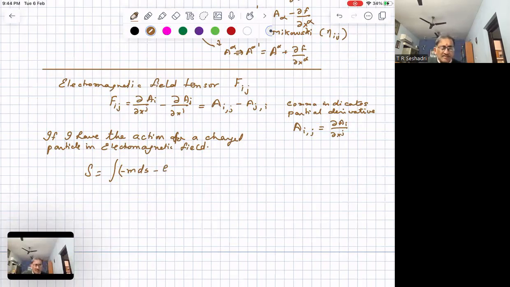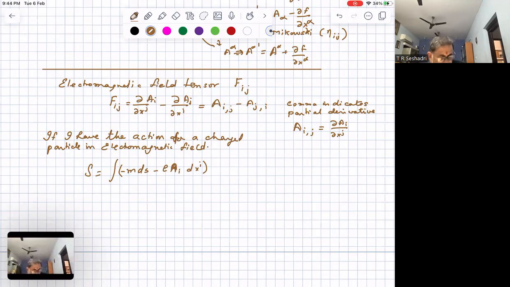The charge is the parameter which defines how much interaction there is from the particle side, and Ai measures the parameter of the field. Now you can ask, how did I write this action?